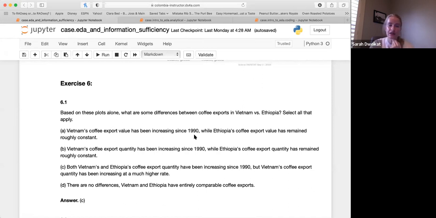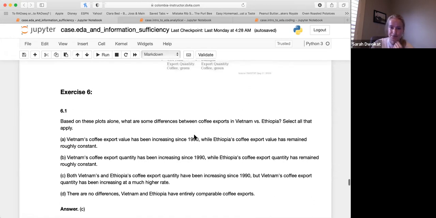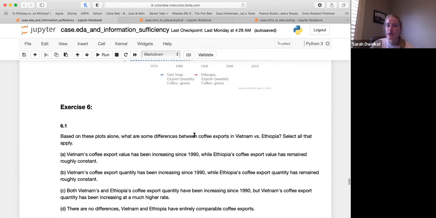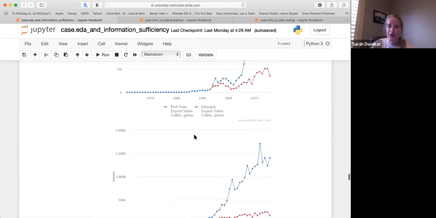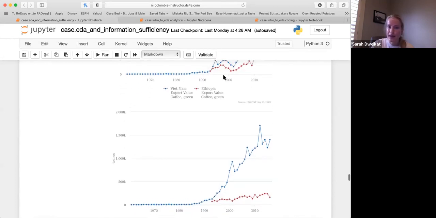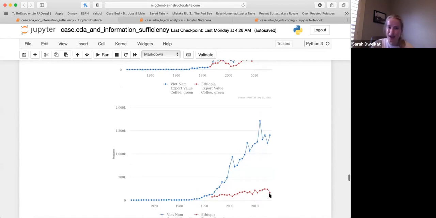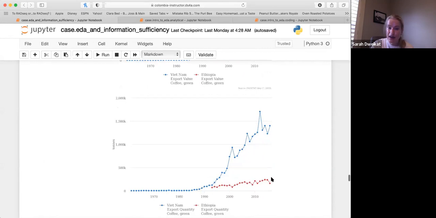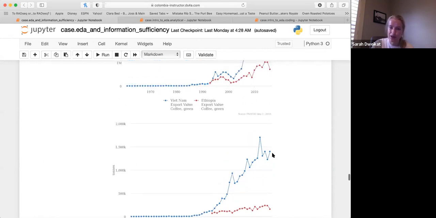So both Vietnam and Ethiopia's coffee export quantity have been increasing since 1990, but Vietnam's coffee export quantity has been increasing at a much higher rate. And I understand, so B is also, I think, a valid answer in this case. You can see in these trends that for both, Ethiopia is increasing, right? It is slightly increasing in terms of export quantity, and also export value.